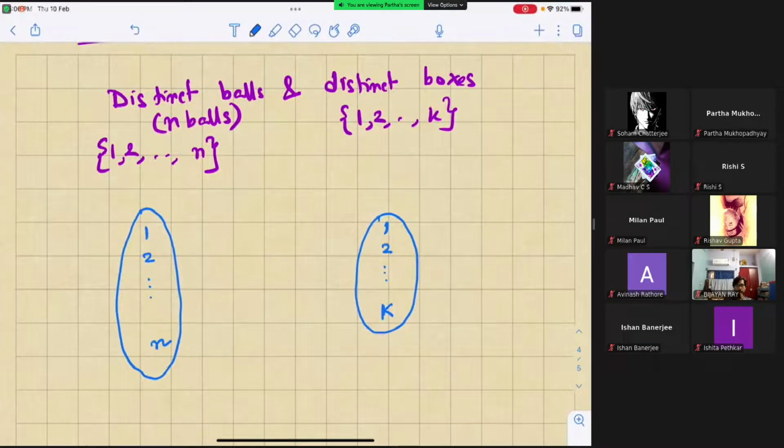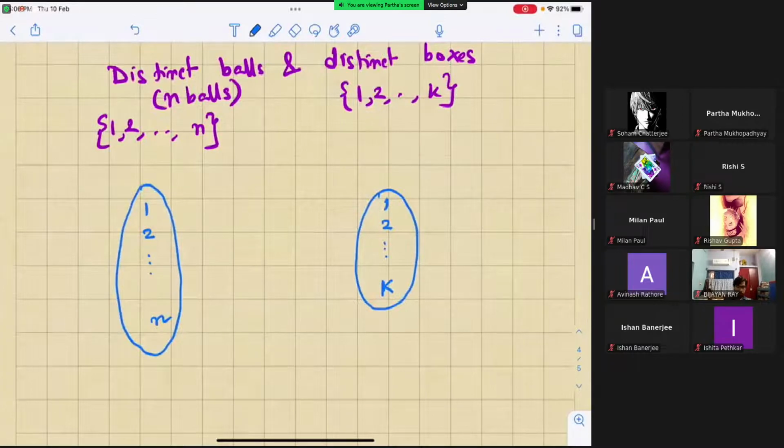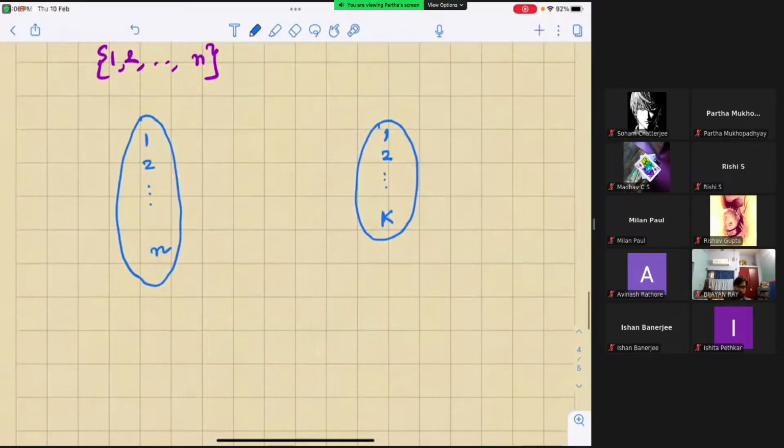Sir, the number of surjective functions. Exactly. So this balls and boxes, this distinct feature reminds us this is nothing but counting the number of surjective maps. Particularly, I would recommend that people who have seen this for the first time, you should try to participate and get involved in the discussion.